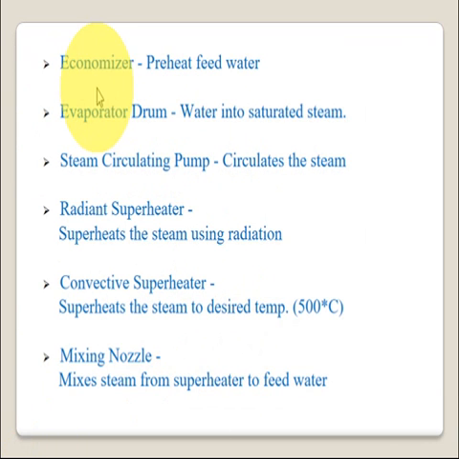It has different components which we have already seen: the economizer used for preheating of feed water, then the evaporator drum in which the water is evaporated by the superheated steam, the steam circulating pump which circulates the steam from the evaporator drum to the radiant and superheater, and then we have the radiant superheater, convective superheater, and the mixing nozzle for mixing superheated steam into feed water.